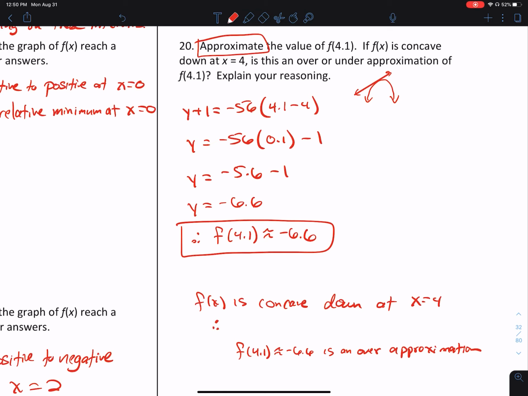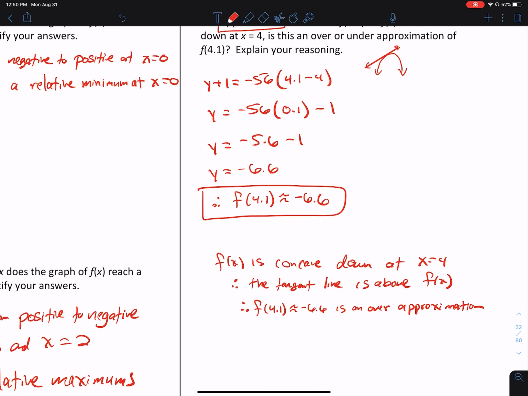Our conclusion, therefore, the tangent line is above f of x. Therefore, f of 4.1, which is approximately -6.6, is an over approximation.